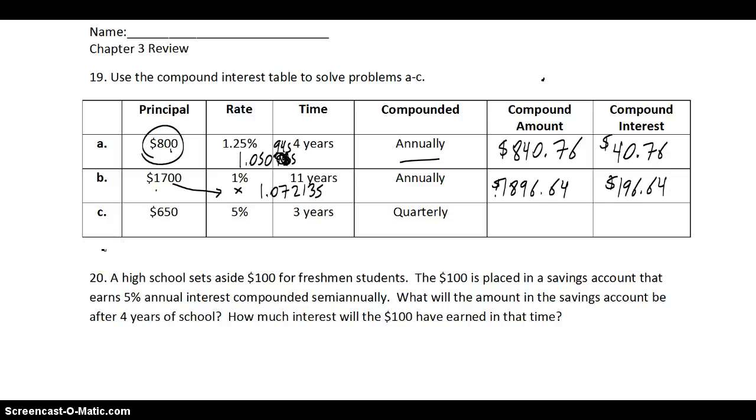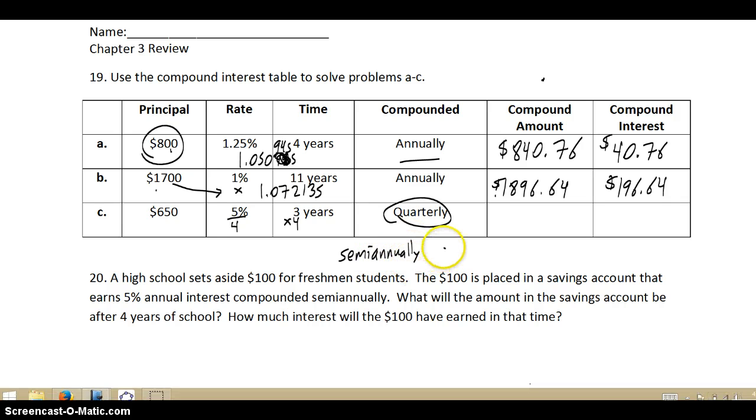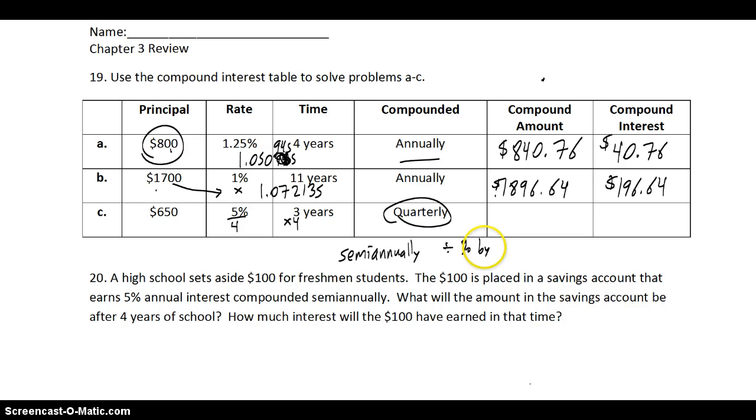Part C here is the weird one, okay? Because it's quarterly, unlike annually. Well, quarterly you have to divide your percent by 4 and multiply your years by 4. Side note here: if it was semi-annually, you would divide the percent by 2 and you'd multiply the years by 2. Quarterly's 4, semi-annually's 2, so be careful.